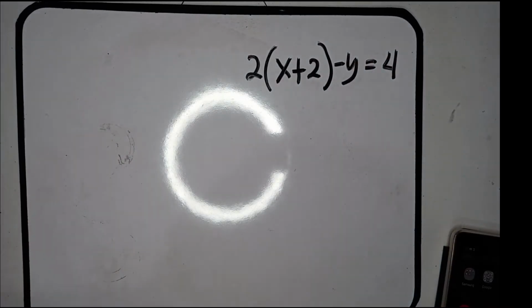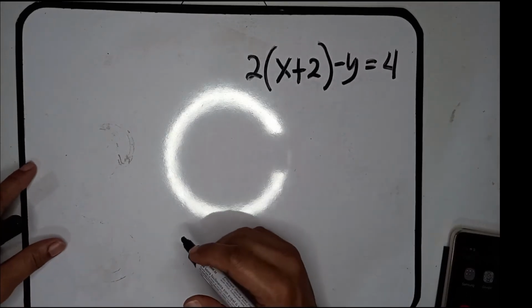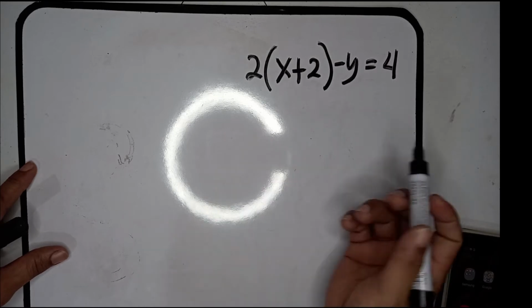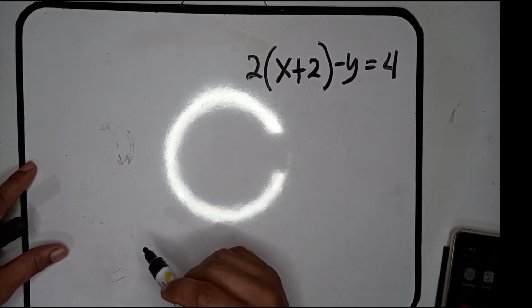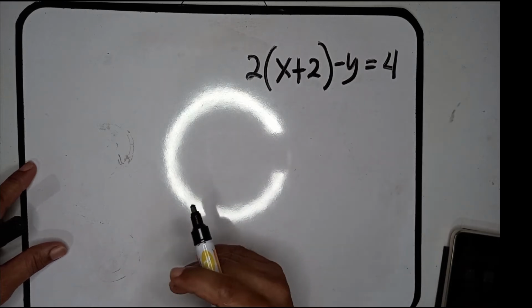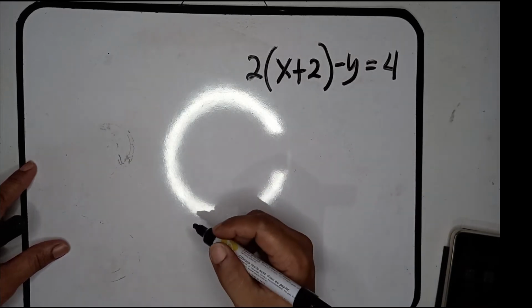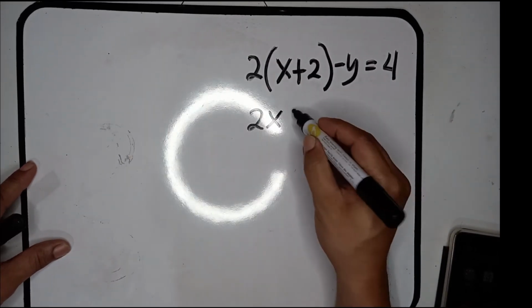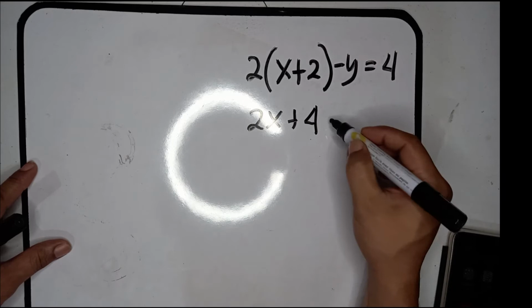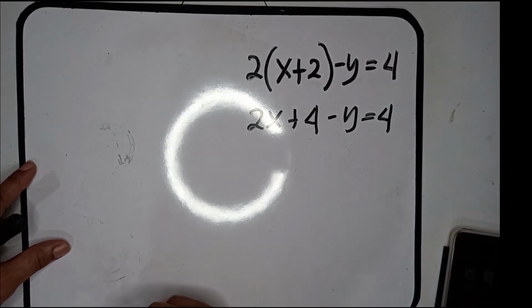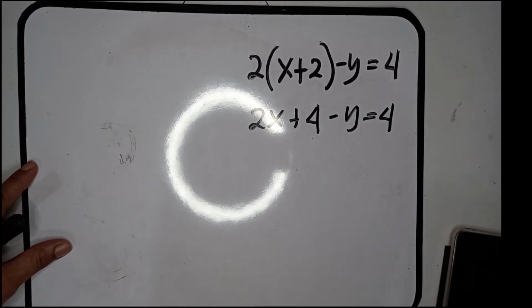Okay, so to deal with this problem, of course, we have to simplify it first, apply the distributive property of multiplication, and then narrow it down to something that is meaningful. So let's start. This becomes 2x, and this becomes 4 minus y equals 4, and then we will combine the similar terms.